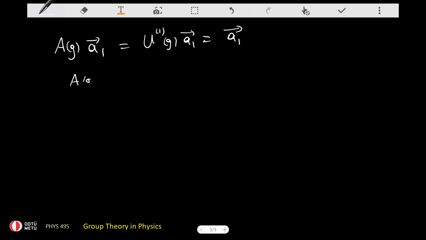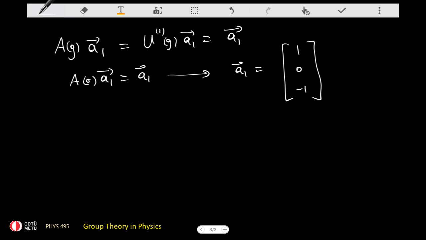In particular, of course, it is A sigma. So from here, you can easily see that this A1 should be equal to 1, 0, minus 1, because the reflection basically swaps these two and changes the sign of everything. So only this vector remains invariant under that. So we just need to do an orthogonalization.